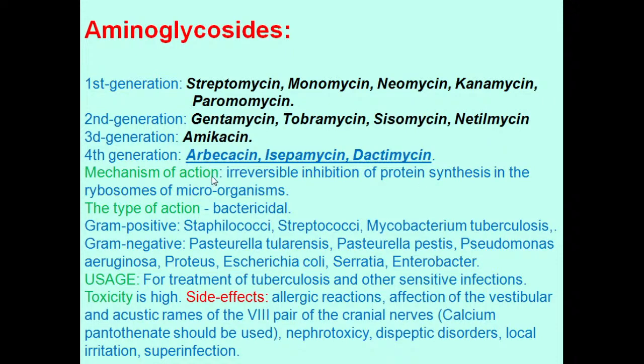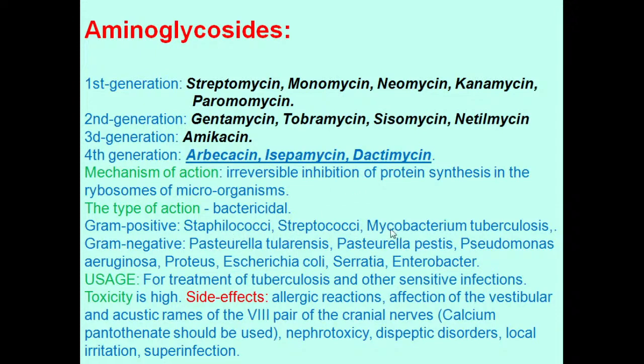Mechanism of action is associated with irreversible inhibition of protein synthesis in the ribosomes of microorganisms. But I told you also in high doses they impair permeability of the cell membrane. Type of action, bactericidal. Spectrum is wide.